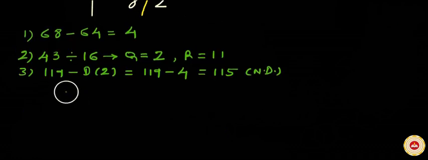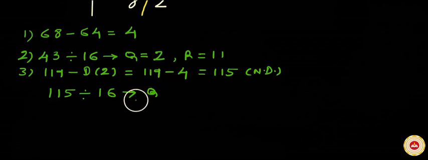Now let us divide this net dividend 115 by divisor 16, which gives us quotient. How much? 16 5s are 80, 6s are 96, 7s are 112. That means quotient is 7 and remainder is 115 minus 112, which is 3. Correct? See, 16 7s are 112.